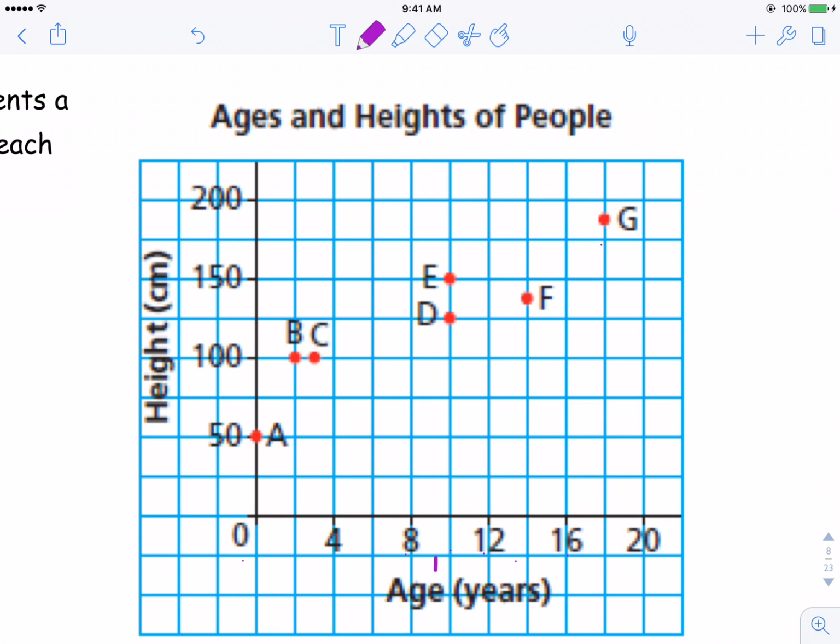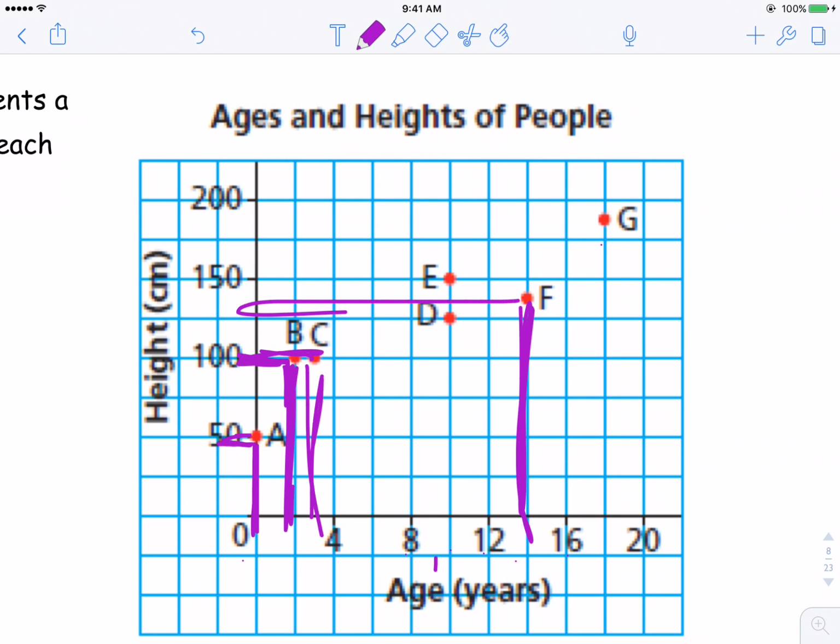A, 0 age gives us 1 height. 2 years old gives us 1 height. 3 years old gives us 1 height. 14 years old gives us 1 height. 18 years old gives us 1 height.